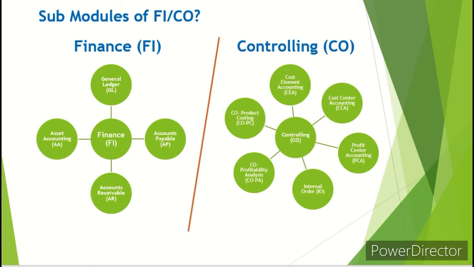COPA and PC, profitability analysis and product costing, are the two important modules in SAP FICO. CO has more demand than FI, because there are very few people available in the controlling module.